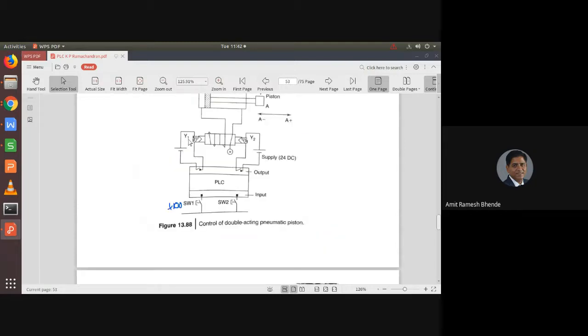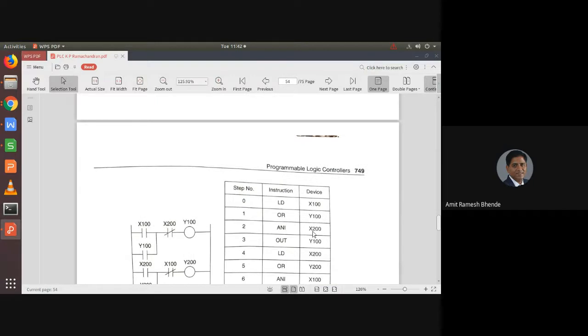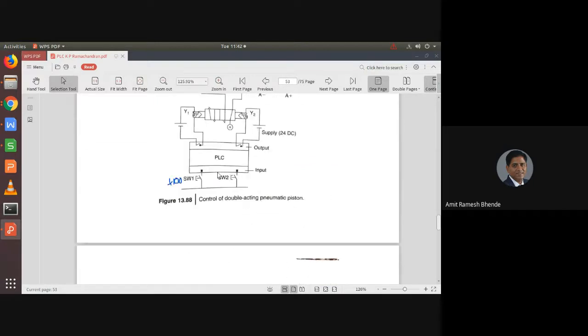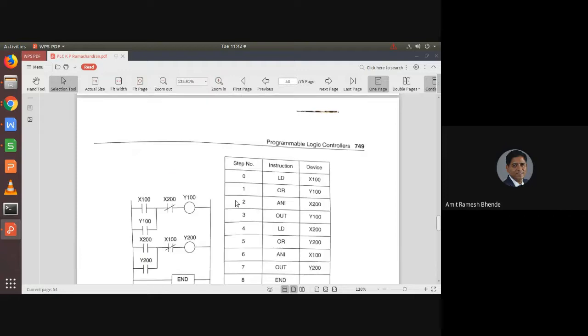Y100 is the first output device, that is Y1 or the first solenoid. Similarly, X200 is the second input switch, SW2. So X100 is the first switch and X200 is the second switch.